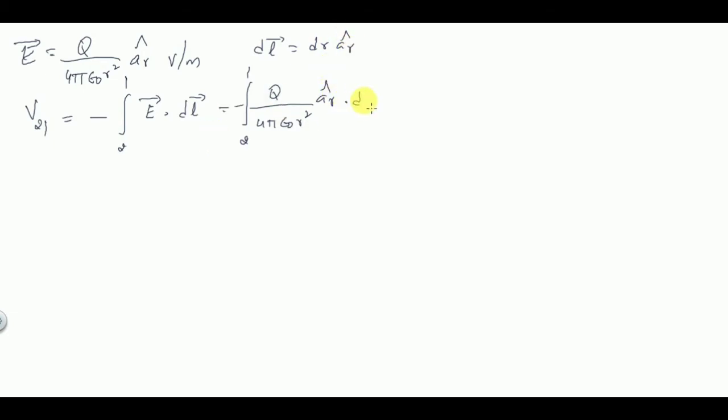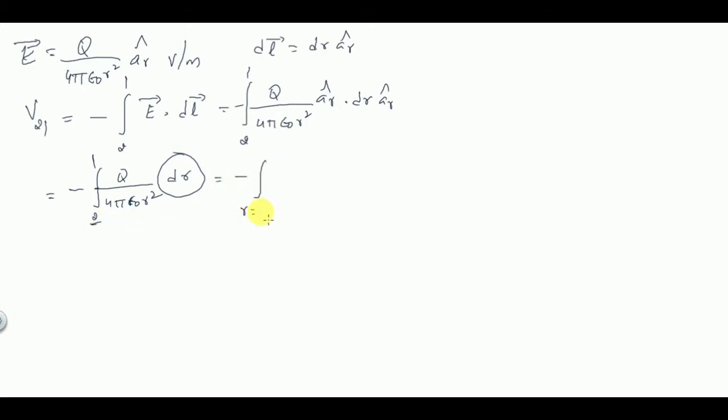Okay, so dot dr ar cap. So it will be minus integral 2 to 1 Q by 4 pi epsilon naught R square dr. So integration is with respect to radius r, right? So we'll change the limit. So what is the radius of the second sphere?